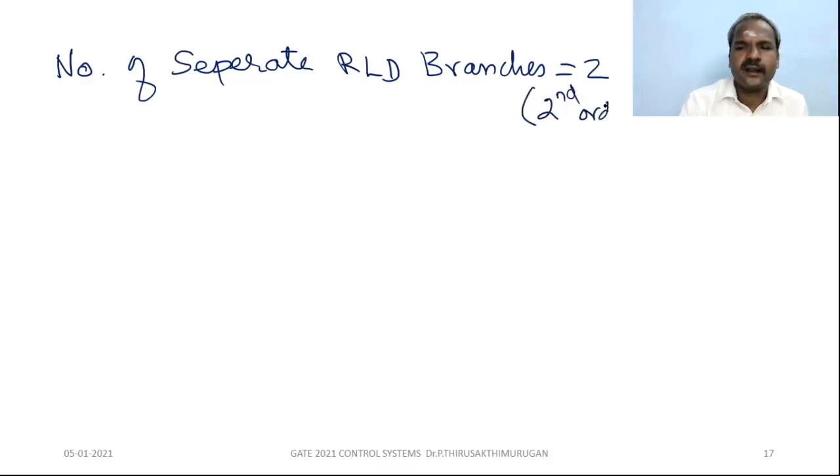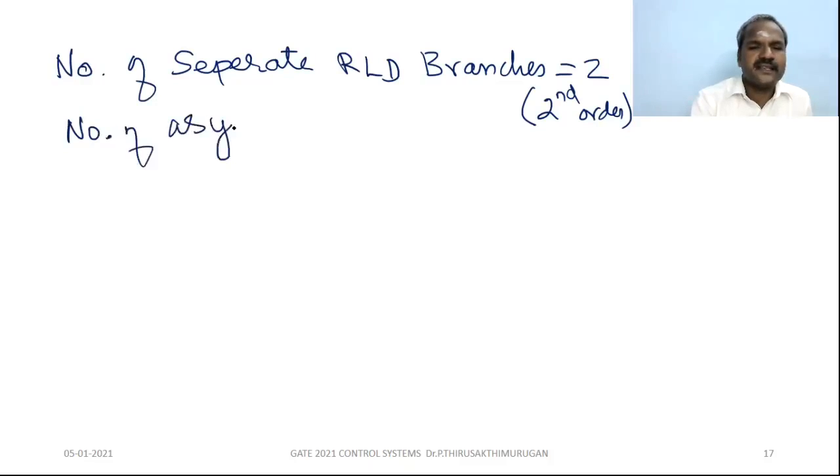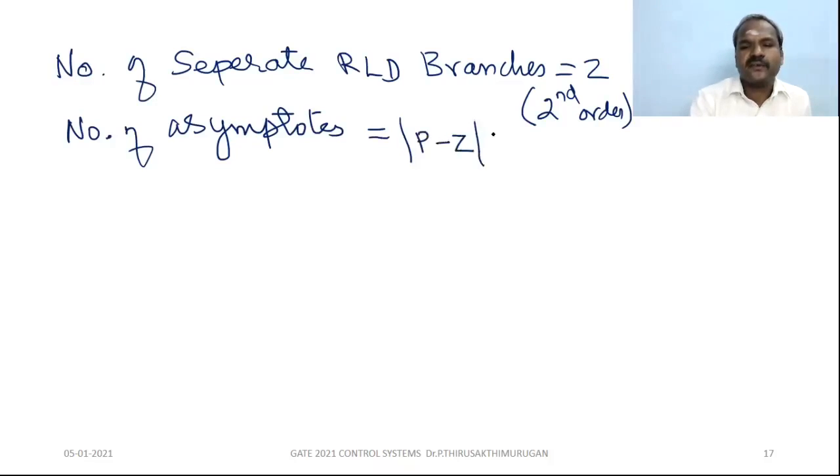So our system is second order. Next, number of asymptotes equals P minus Z, so 2 minus 1, that is 1.